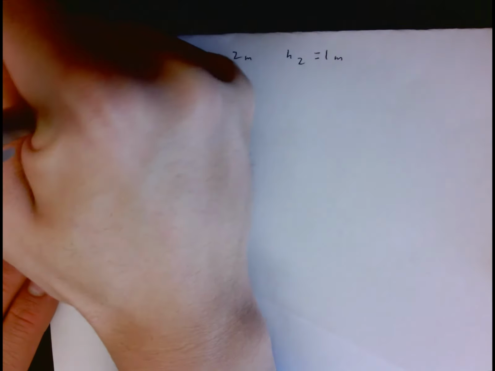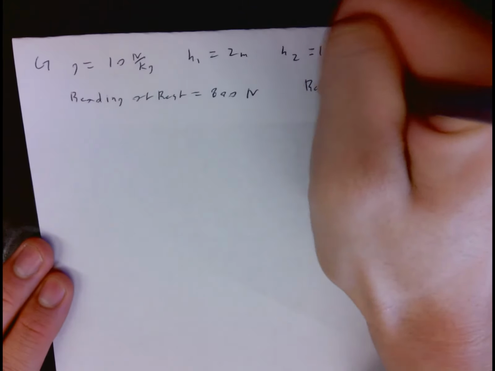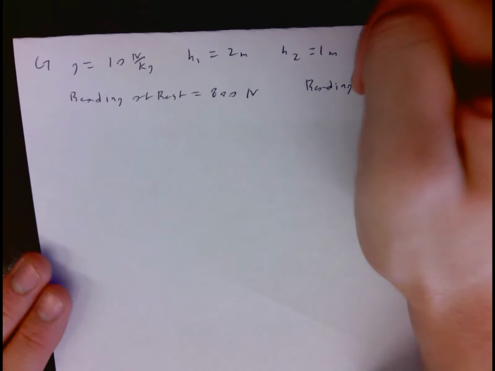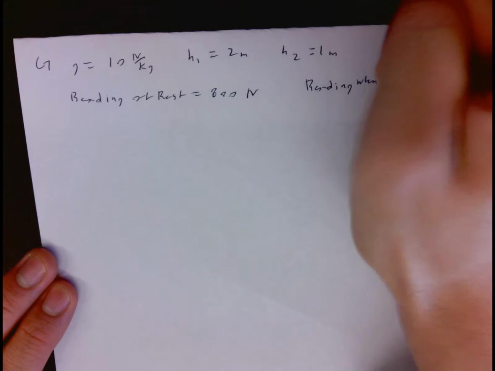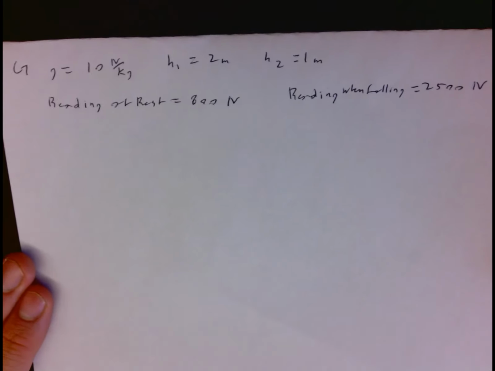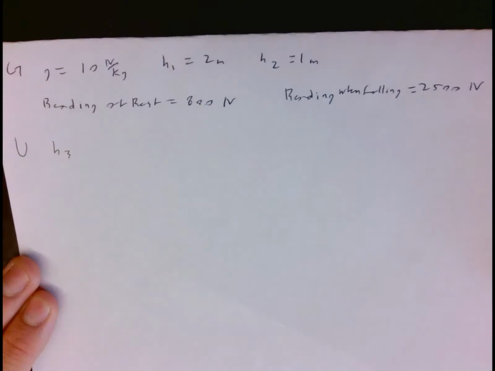The scale reading at rest is 800 newtons. And the scale reading when falling is 2,500 newtons. Right? And so as I stated before, we were trying to find height 3.